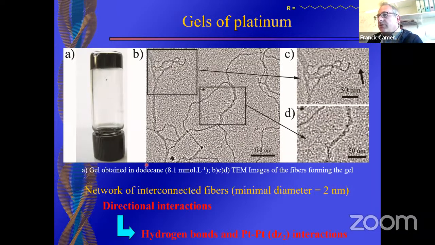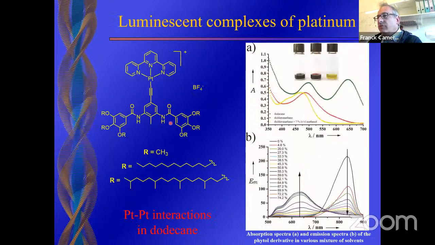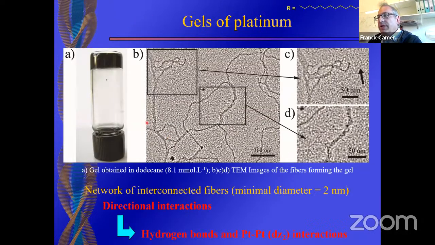When you use higher concentration, for example in dodecane, you are able to form gels which are made of fibers. This is a transmission electron microscopy image. And this aggregation here also is stabilized by hydrogen bondings through this amide function, but also by the stacking stabilized by platinum-platinum interaction.